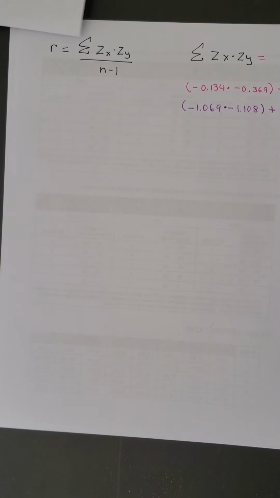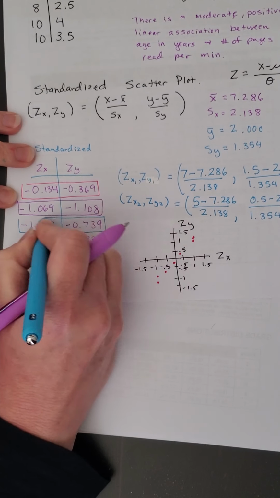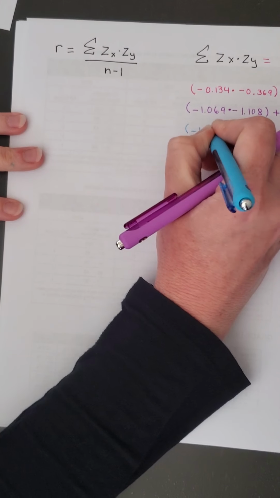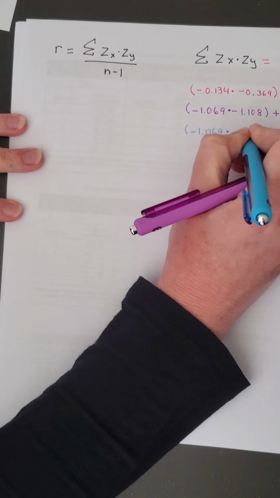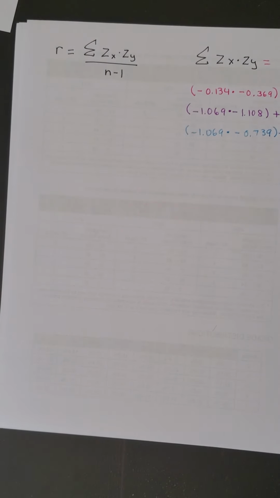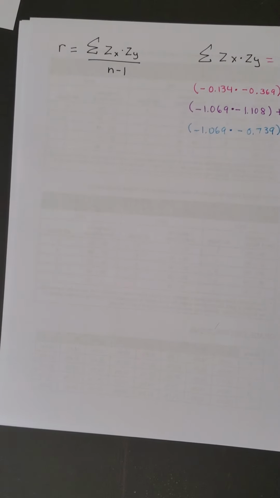I'm going to do one more with you guys. The next set of values, right here, Zx, Zy. And so on and so forth. Let's see how many minutes into the video. No, we're only 5 minutes in, so I'm not going to stop. So I'm going to go ahead and do this.